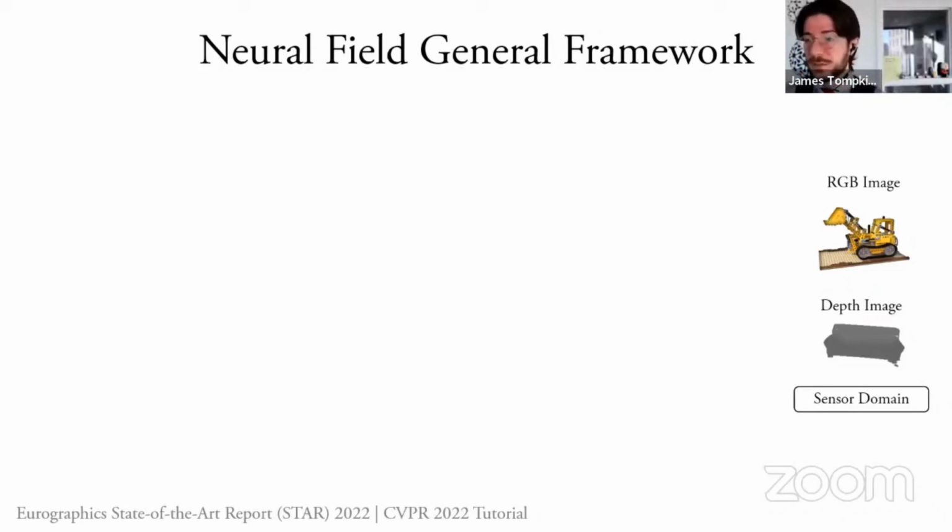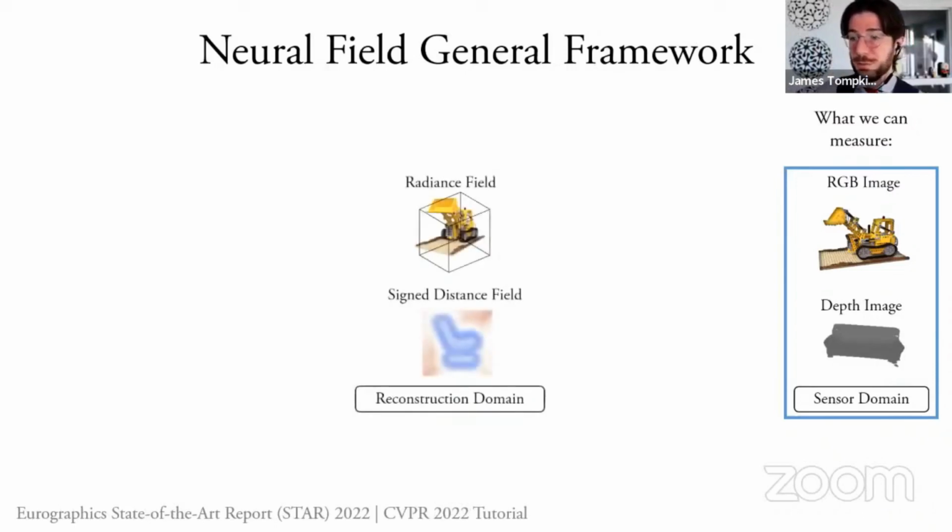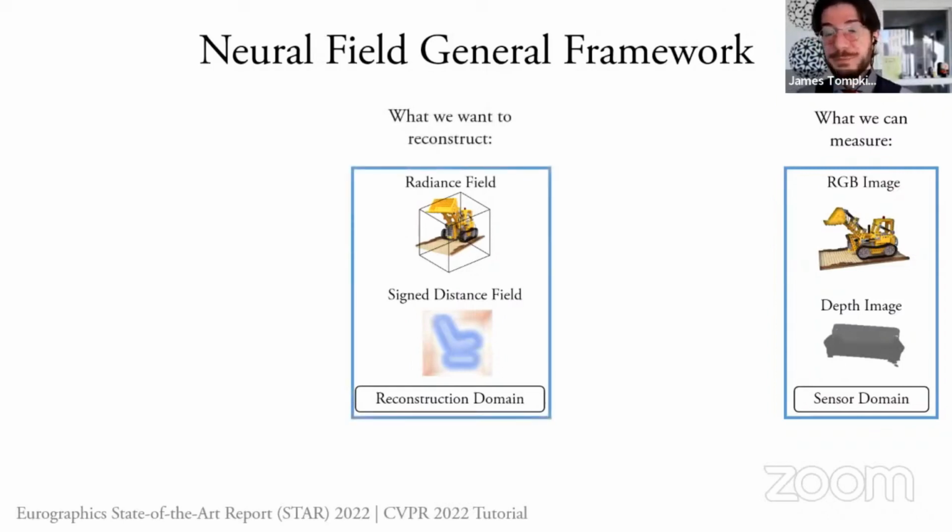It could be a visible light sensor, it could be a depth sensor, for instance. And this is our sensor domain. And we want to be able to solve a problem within a different domain, within a reconstruction domain. So it could be a radiance field, or it could be a signed distance field. And this is the thing that I don't know, that is typically in some higher dimension or different dimensional space than the input sensor domain. So this is what we want to reconstruct.